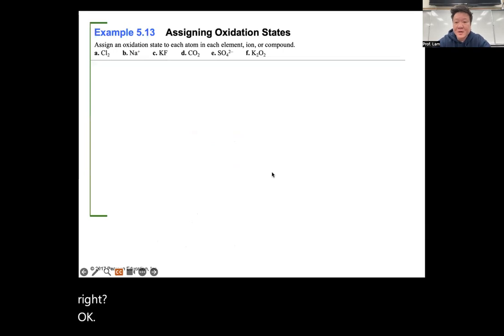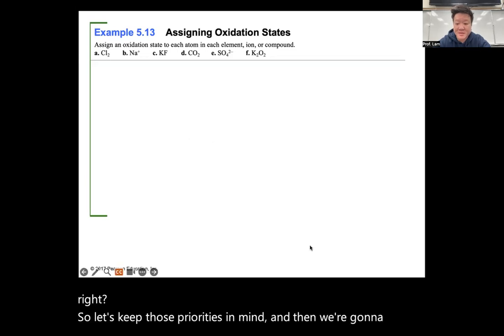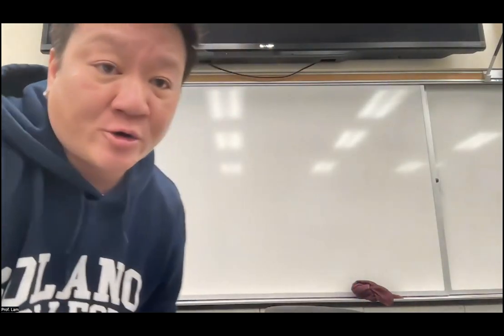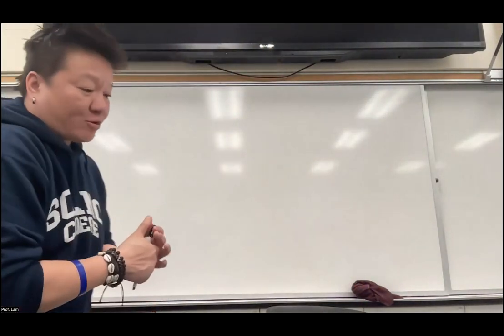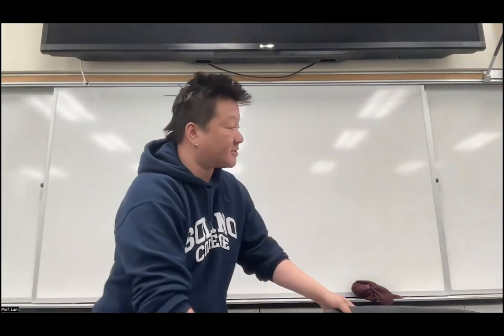So let's keep those priorities in mind, and then we're going to do these problems together and switch over to the board. Let me write down the priority list first, and then we're going to use it to assign oxidation states.